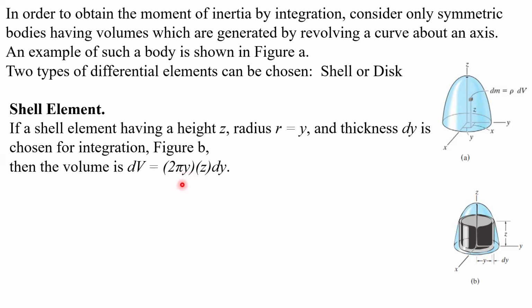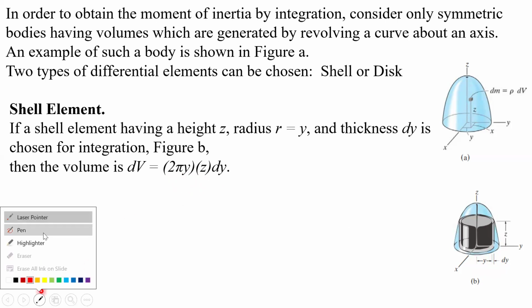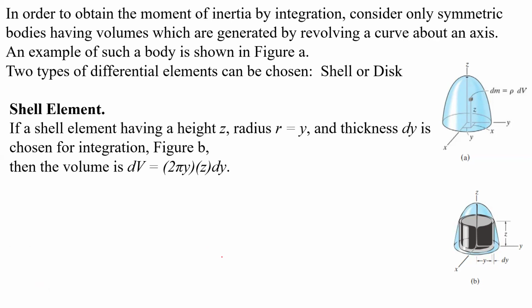2 pi y is the circumference, because we have already said that the radius is equal to y, and you know that circumference is equal to 2 pi r. If r is equal to y, then it is 2 pi y.